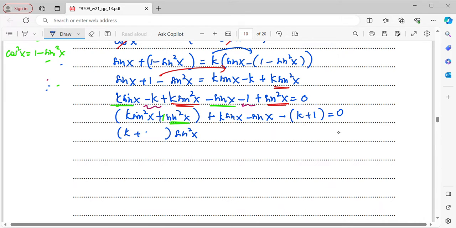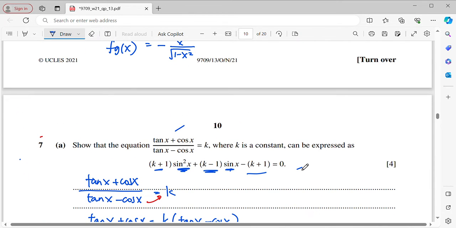So then here, plus 1. Then I factorize the sine x, so plus, here is going to be sine x. Then left k and minus, so k minus 1. Then minus k plus 1 equals to 0. So with this, we have proven the given form.